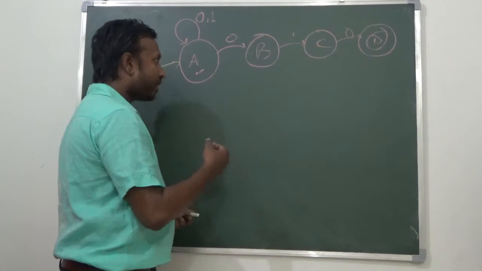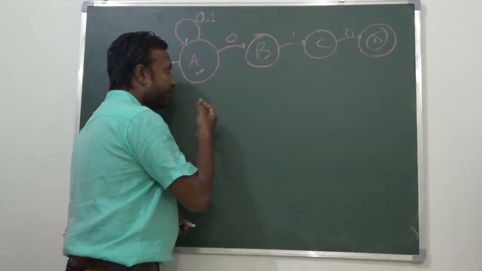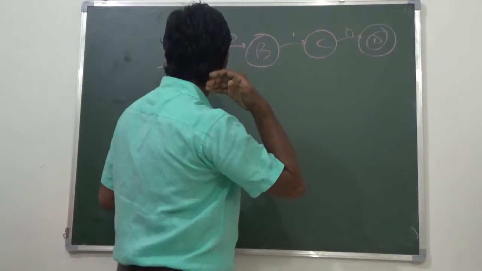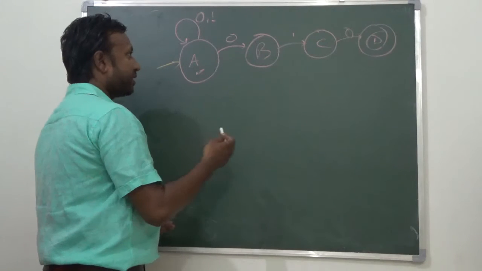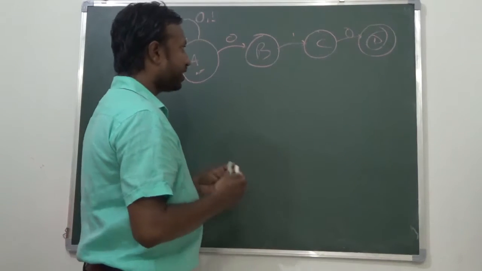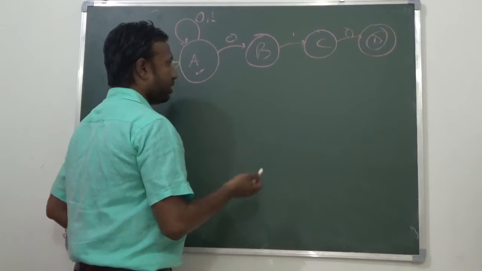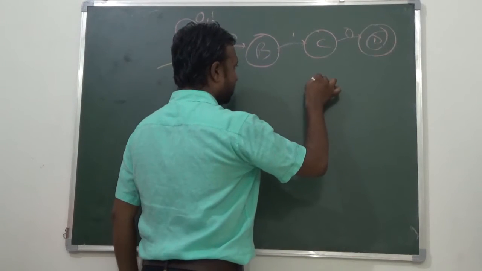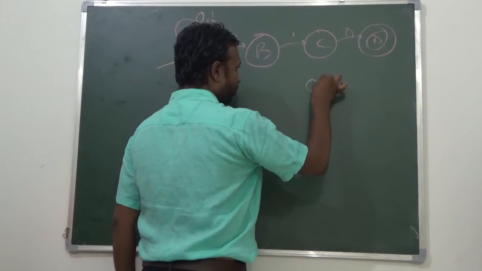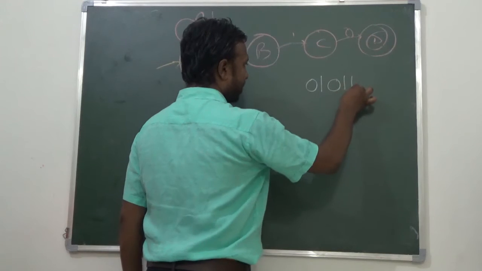So once again, let's first think about some input and then test whether that input is acceptable by this machine or not. So let's see, the input is 0 1 0 1 1, right?